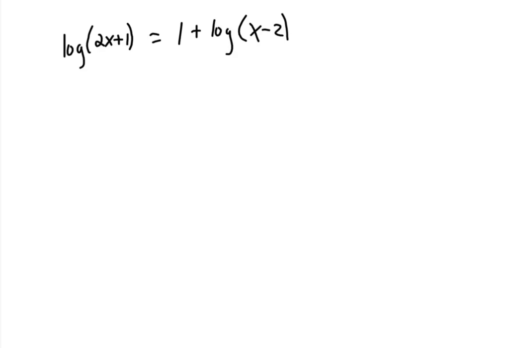Think about that first step. We don't want 2 logs. Can I just take the log base 10 on both sides of this thing? Can I go base 10, base 10, base 10? No, I'm not allowed to do that, am I? Okay, so think about it.